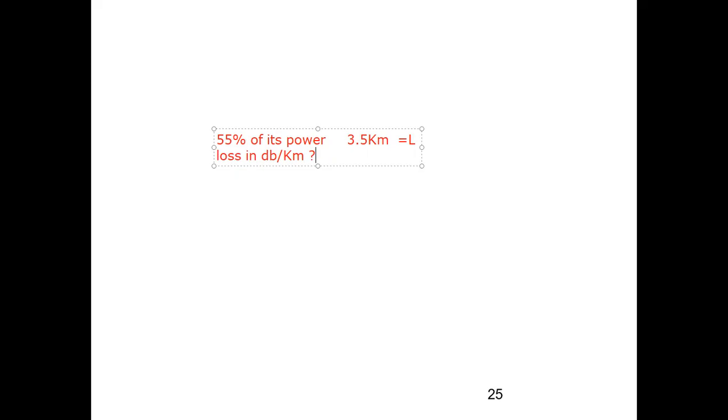So you are just supposed to find alpha by L, and you have the formula of alpha which I had shown you in the previous slide. You can start solving; try to extract some data from the first sentence. An optical signal has lost 55% of its power after traveling 3.5 kilometers.